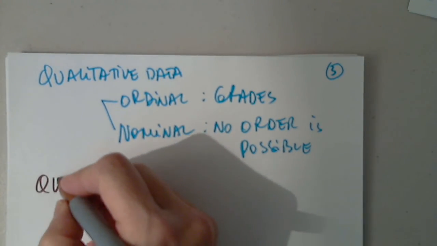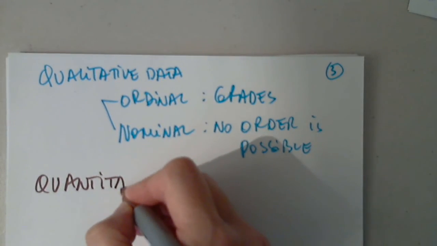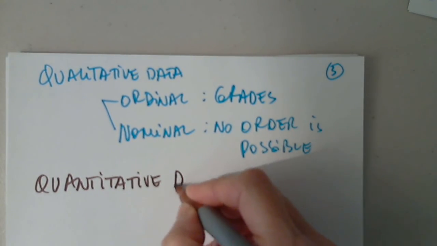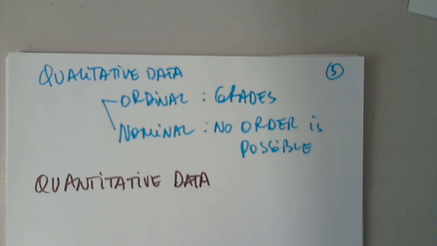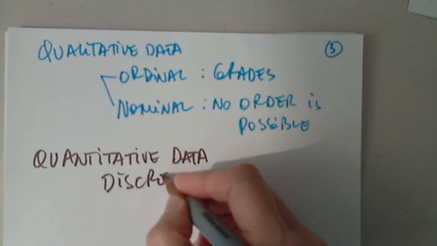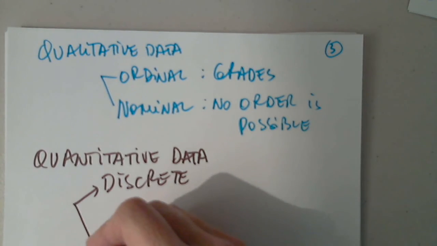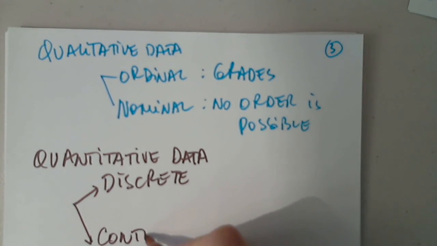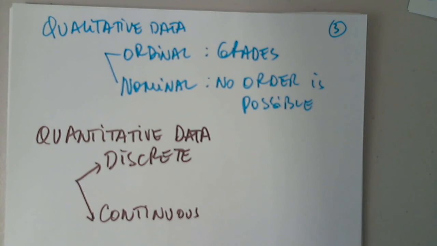Also, quantitative data can be discrete or continuous. Here is the difference between the two, discrete or continuous.